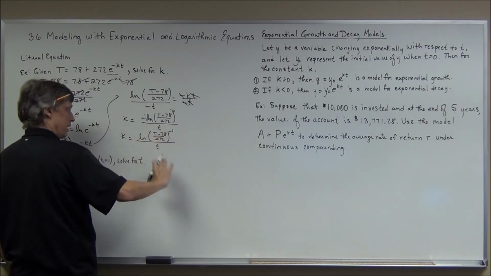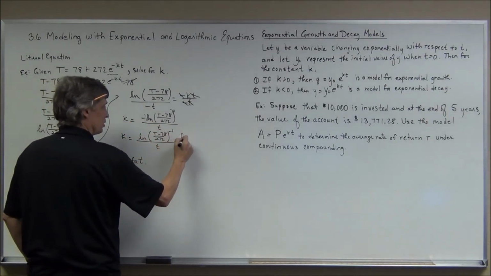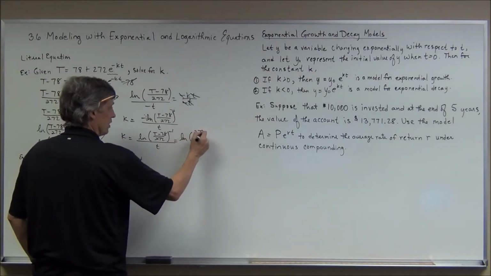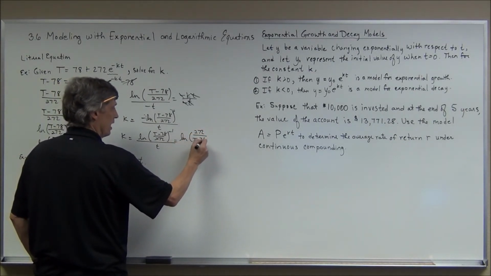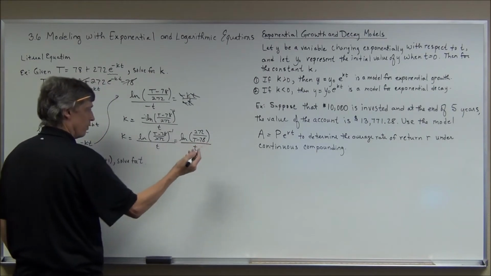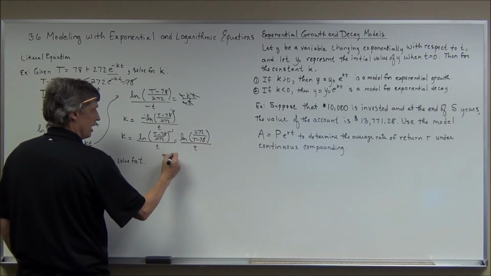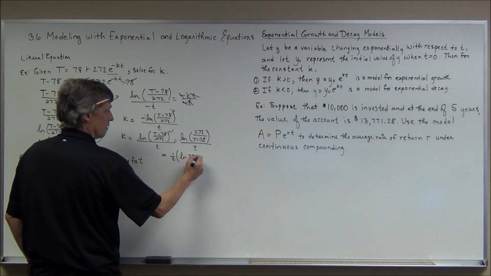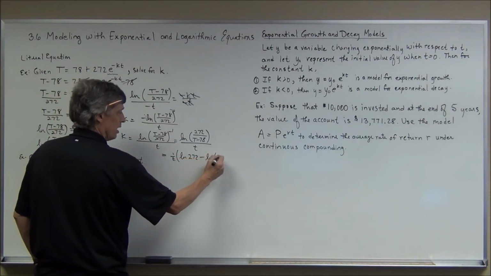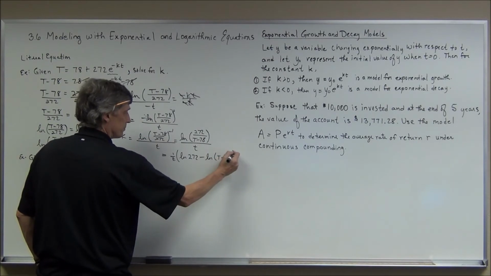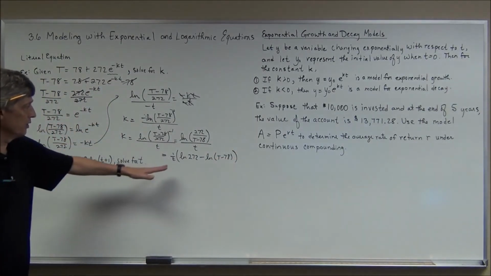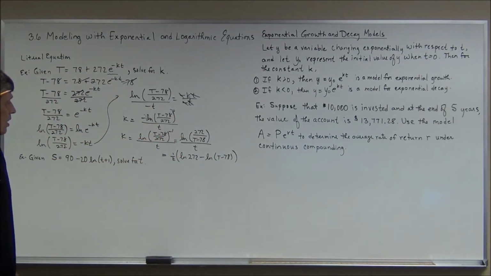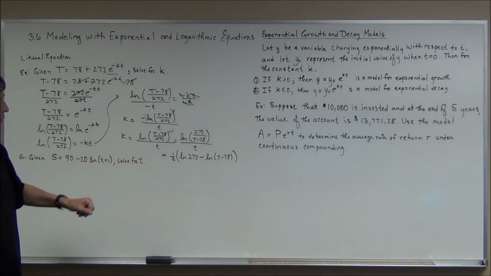And of course that means I can rewrite this as the natural log of 272 all over t minus 78 to the positive first power, over t. I could rewrite this as 1 over t times the quantity, the natural log of 272 minus the natural log of t minus 78. There's a lot of different things that I can do here because of the logarithm, so be sure to check your answers carefully.